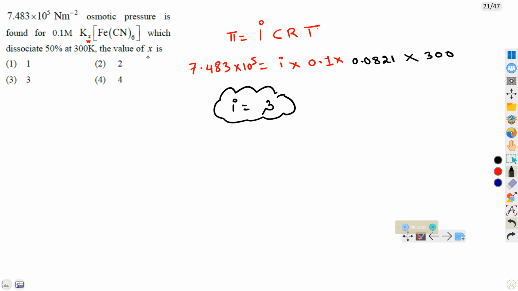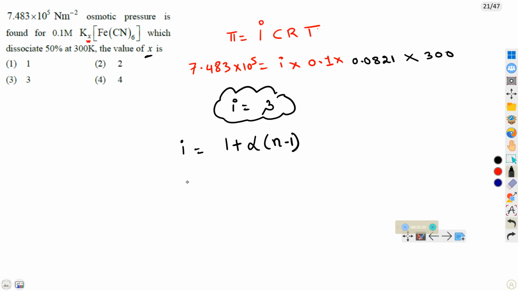Now, what is the question? Question is calculate the value of x. I value we got, but we need to calculate the value of x. The relation between van't Hoff factor and dissociation is i is equal to 1 plus alpha into n minus 1.